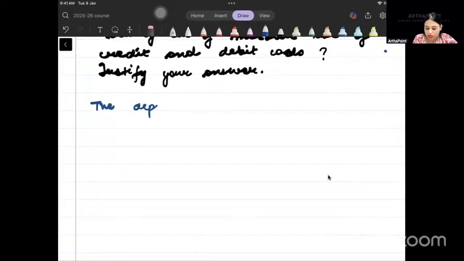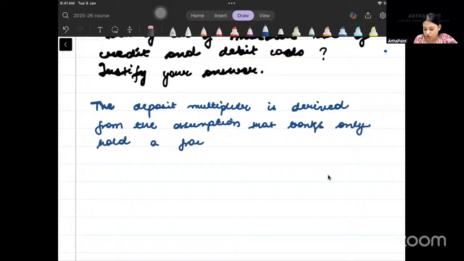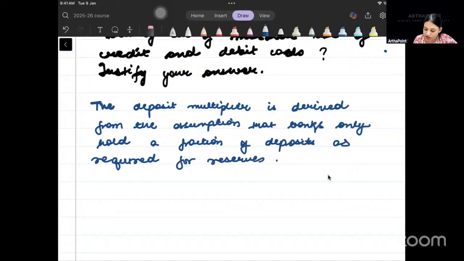The deposit multiplier is derived from the assumption that banks only hold a fraction of deposits as required for reserves and lend out the rest.